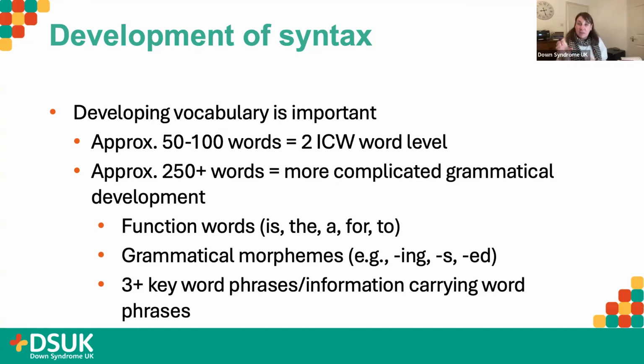I'm just starting to emphasize that function word that's going to be coming soon. There's difficulty with those grammatical morphemes, as I said. They're ready to understand some of those grammatical morphemes and some 3 keyword phrases, like where is the big red ball versus the little yellow cup, kind of thing.